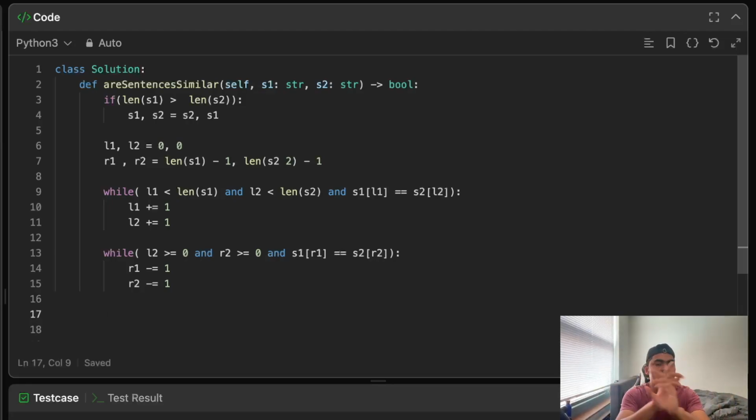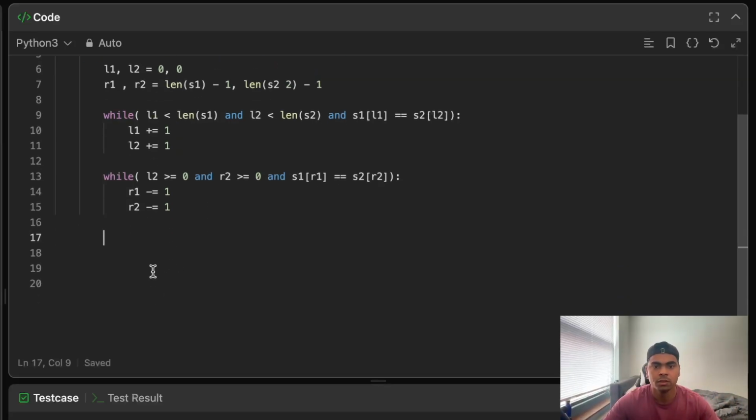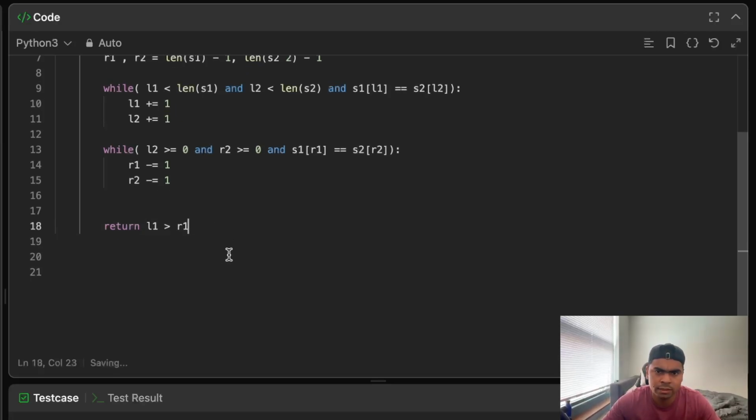If they have crossed each other, that means we have seen all the words in S1 in S2, but that too in a particular order, either in the beginning or in the end. There might be some words in the middle, or the entire sentence is in the beginning, or the entire sentence is in the end, right? And there could be some words we don't care about. Now we can just return if L1 is greater than R1. I think that is a proper check.